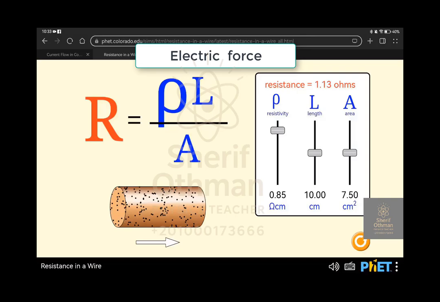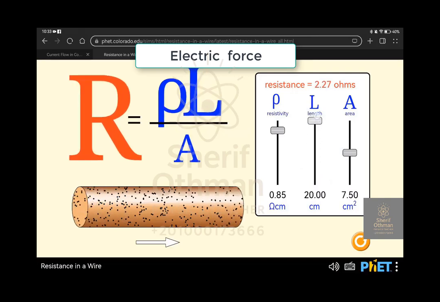As the resistivity increases, that means resistivity is opposite to conductivity. Conductivity is sigma, while resistivity is rho. So, as the resistivity increases, less amount of charge will be able to pass through the conductor.